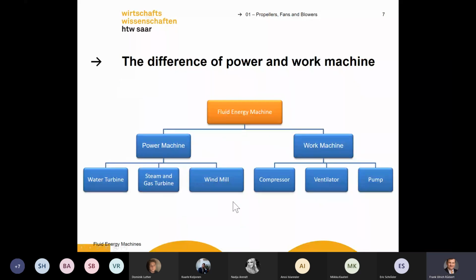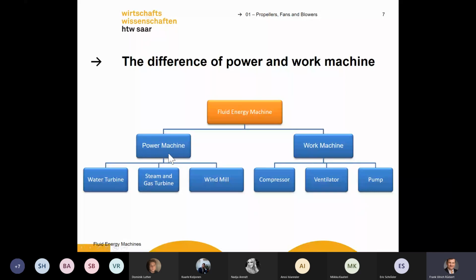And there's also another way to make an order for power and work machines. If we have our fluid energy machines, we can speak about power engines and work engines. We can divide it into these two main parts.